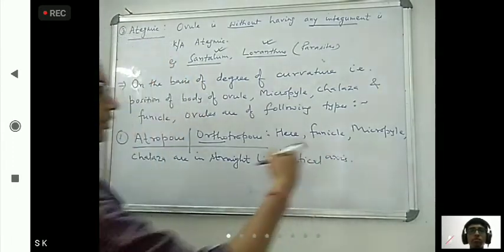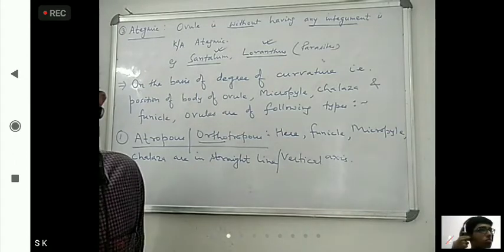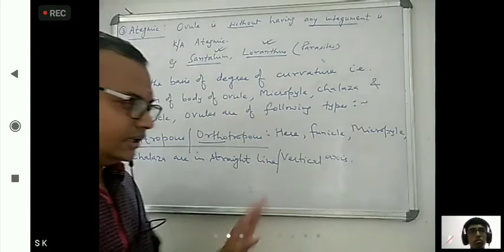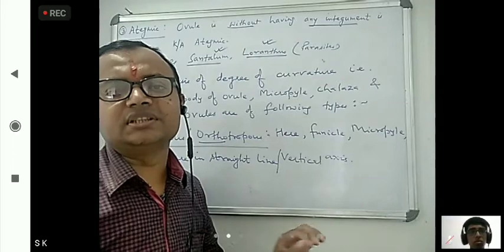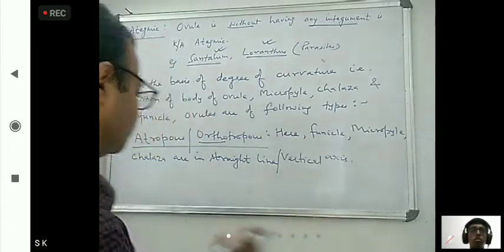Okay, so here funicle, micropyle, chalaza are in straight line or vertical axis. Since all are having straight line, that's why it is also known as straight ovules. So name you have to remember, straight ovules.